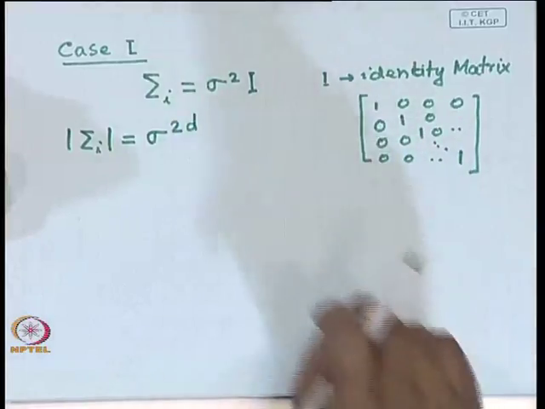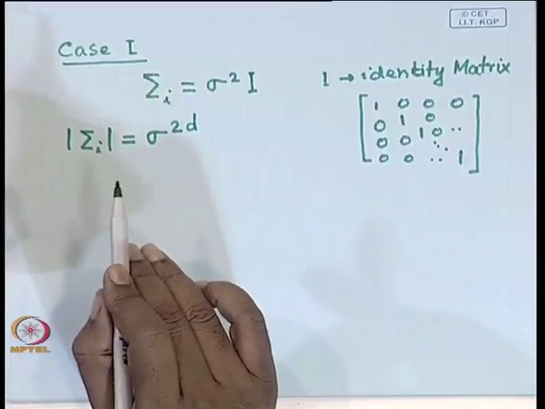So, I have a diagonal matrix where only the diagonal elements are equal to σ² and the off diagonal elements are all zeros, and I have d diagonal elements. So, the value of the determinant is the product of all the diagonal elements, which is σ to the power 2d.